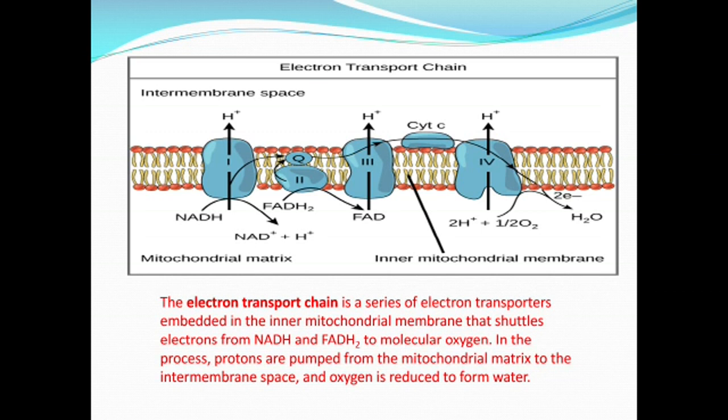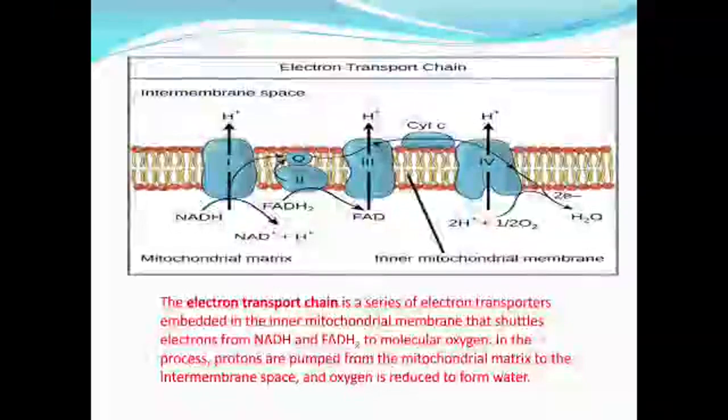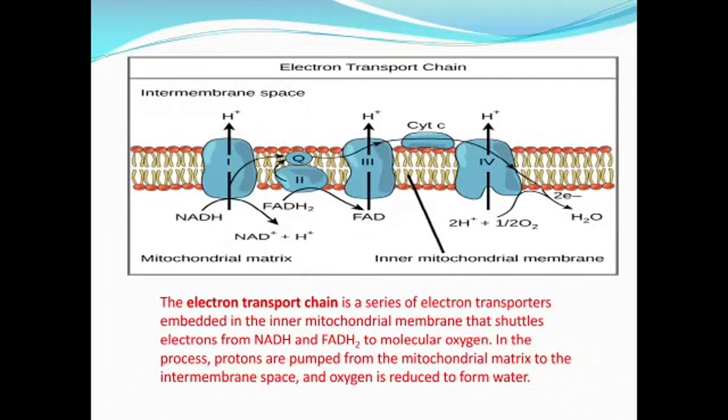Whatever NADH2 and FADH2 were produced in the previous processes are taking participation in electron transport. In the previous slide I explained that NADH is an electron carrier. So we will be able to understand that there is a presence of electron carrier in the electron transport chain.